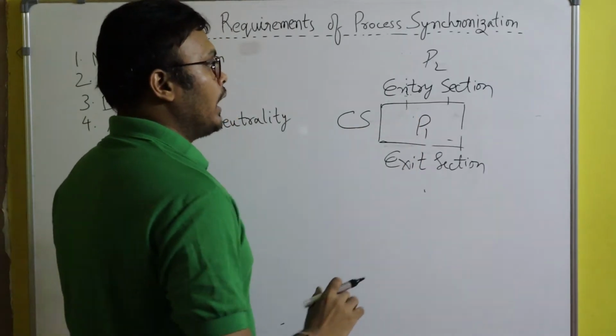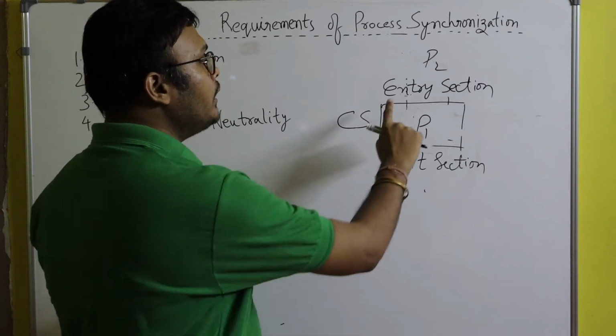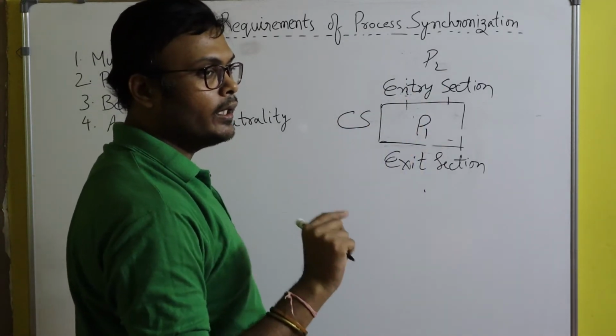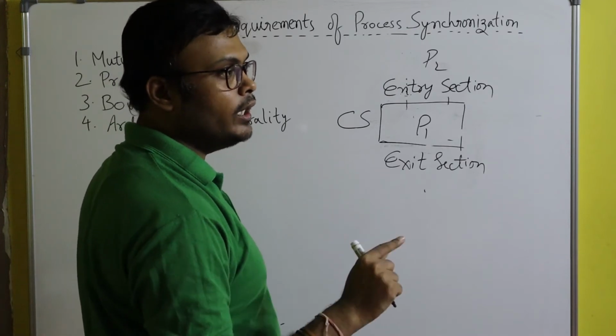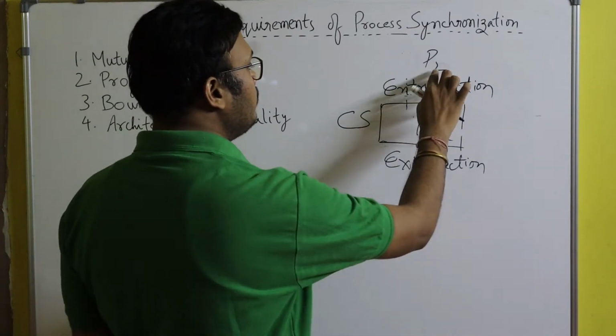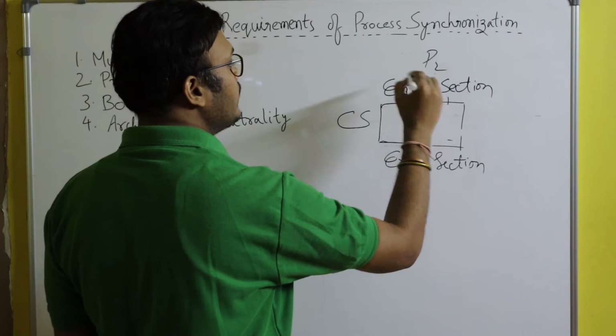Suppose P2 wants to enter. What I told you is that the entry section code is written in such a way that it will allow a process to enter inside the critical section only if the critical section is vacant. Now when P2 wants to enter, definitely it will also have to go through this entry section.